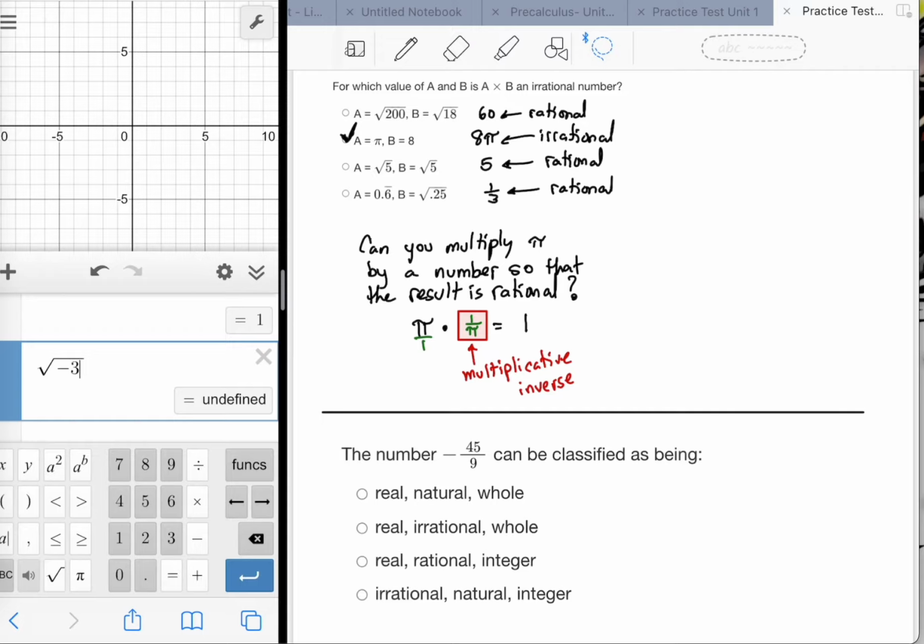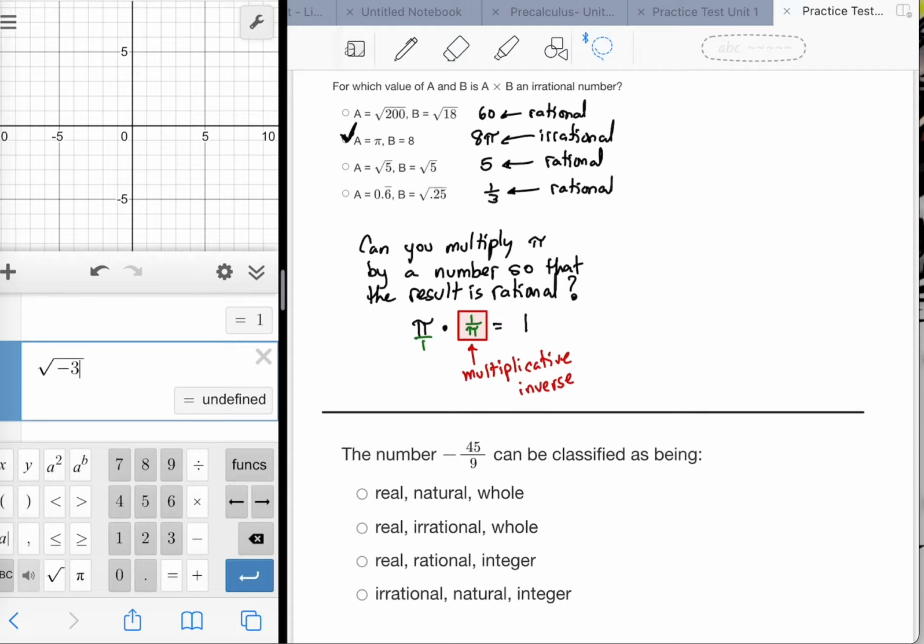All right. So if it doesn't have a radical in it, it's not going to be imaginary and it's not going to be irrational. So I'm not worried about those. If it has a negative sign in it, it can't be natural, because the natural numbers start off with the number 1 and increase to infinity: 1, 2, 3, 4, 5, all the way up. No negatives.